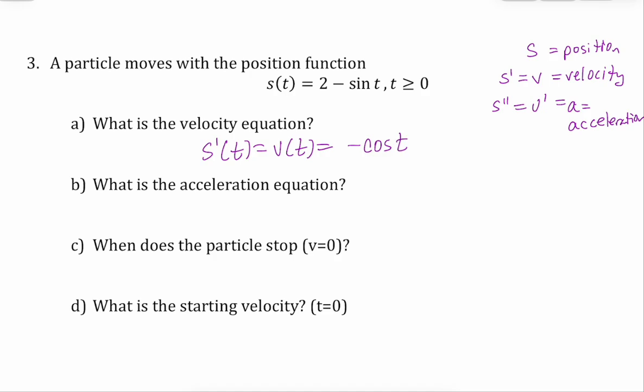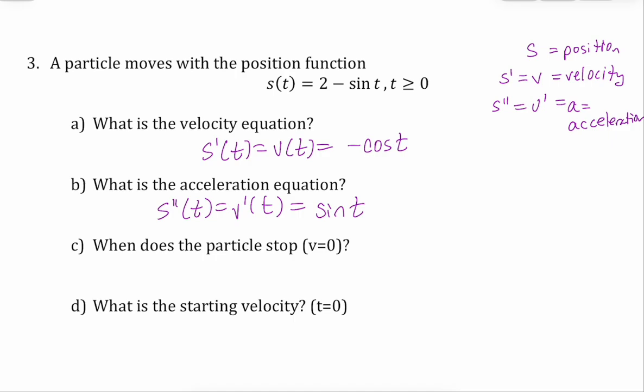So that's good. Our acceleration equation, you just do the derivative one more time, or the derivative of the velocity. A negative cosine would become a negative sine, and the two negatives cancel out, and so that's why it becomes a positive.